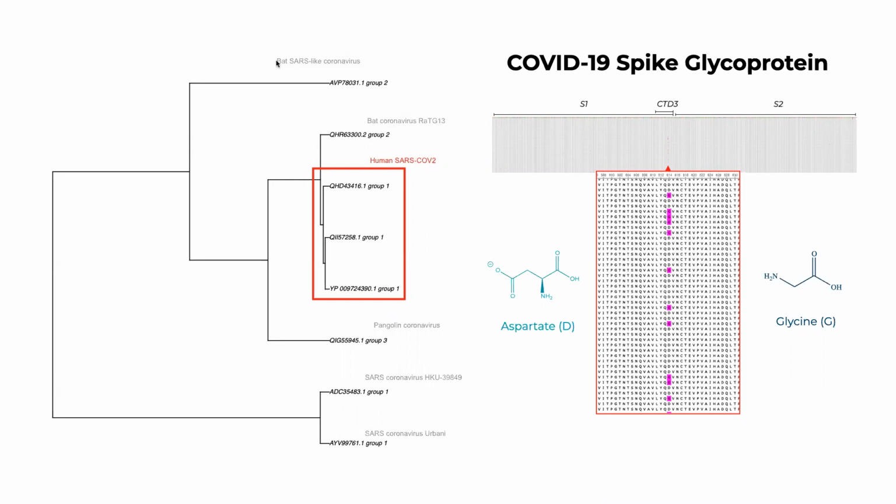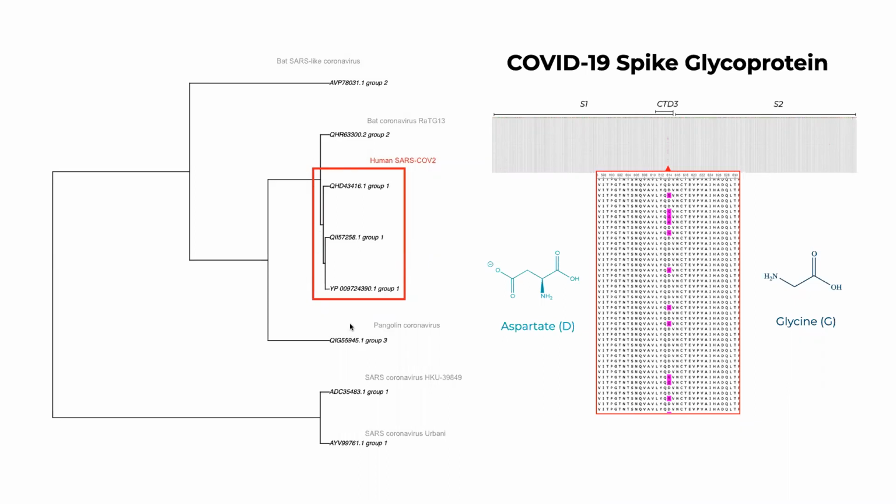And this is a phylogenetic tree that I did to prepare for the session, where you can clearly see that there are some bat coronaviruses that are not related, and then this bat coronavirus RaTG13 is much more closely related to the human SARS-CoV-2. You can also see that pangolin coronavirus is actually in the same clade, so to say, right?